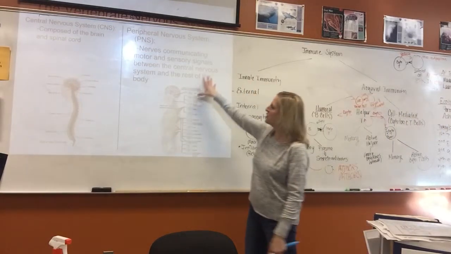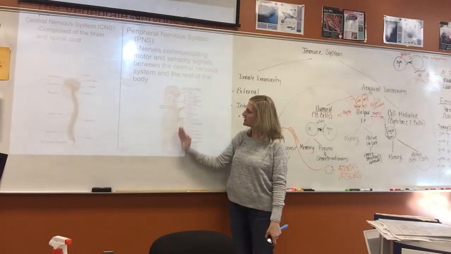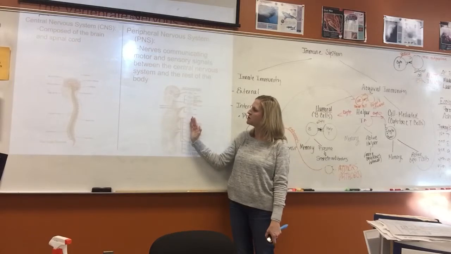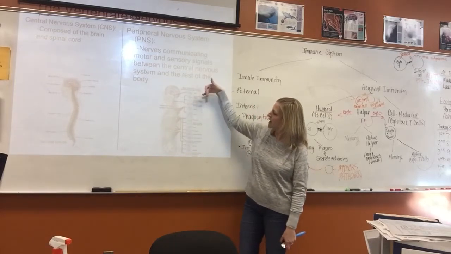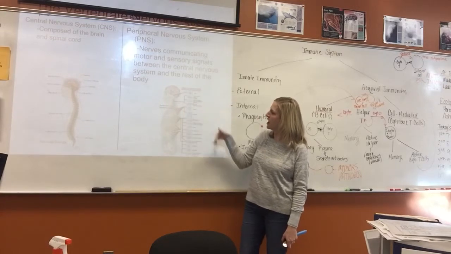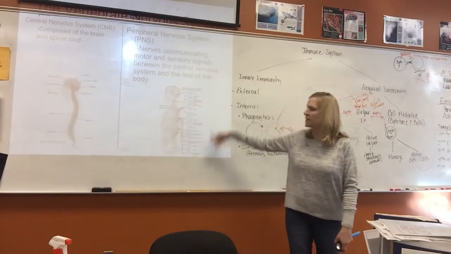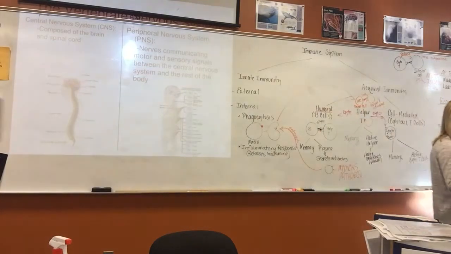Your peripheral nervous system communicates with other parts of the body, so it has the eye, the heart, the lungs, the liver, pancreas, and so on. You have communication to and from the central nervous system from all these different parts of your body. That's your peripheral nervous system, but they work hand in hand together.